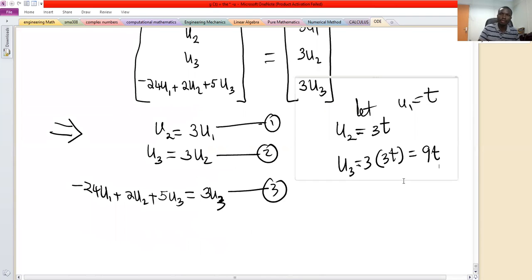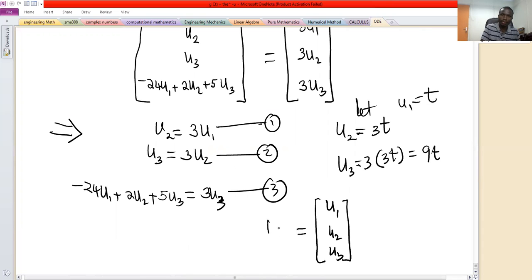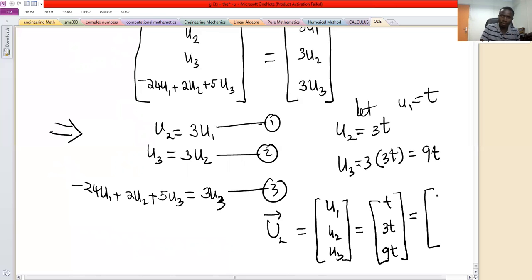And so we'll have the vector U2, where U1 is t, U2 is 3t, U3 is 9t, which is 1, 3, 9 t.